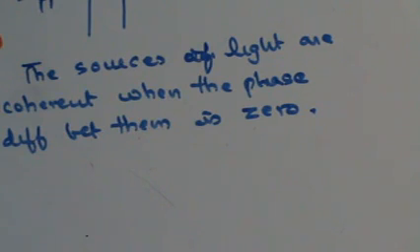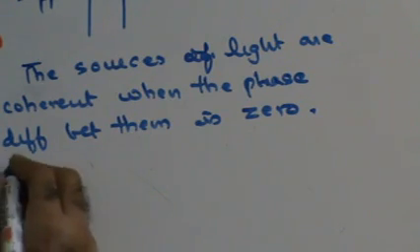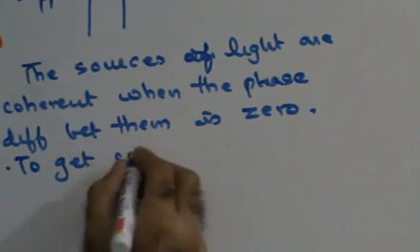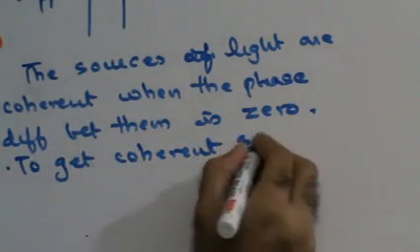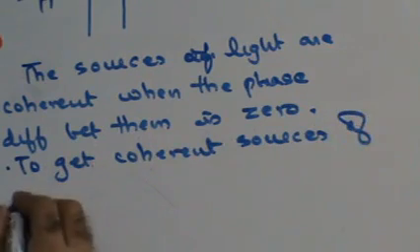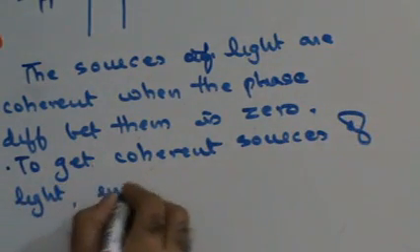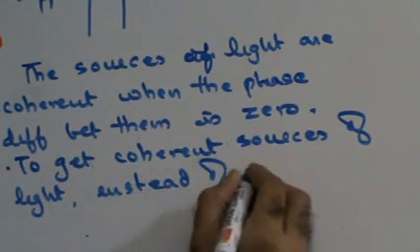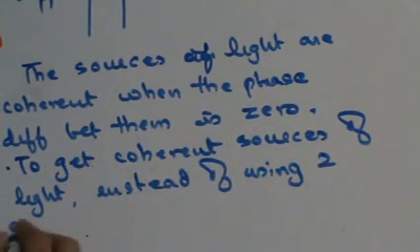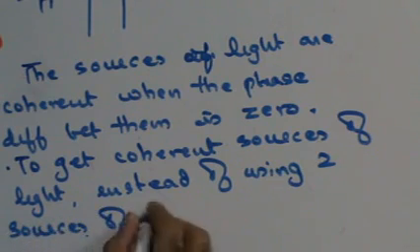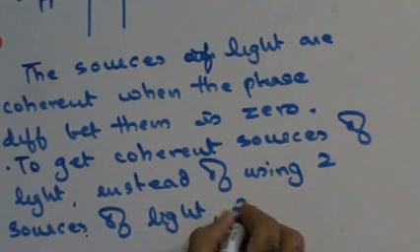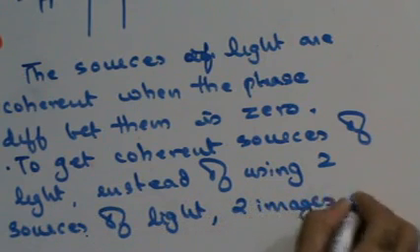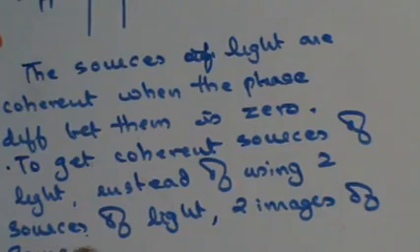So, how do I get coherent sources of light? To obtain coherent sources of light, instead of using two different sources of light, two images of the same source are used.